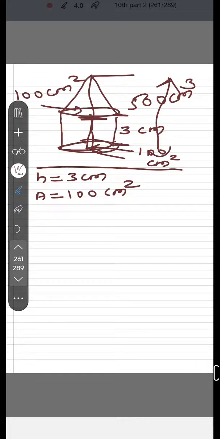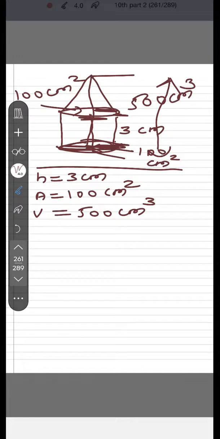Chalo, volume of a solid figure is equal to 500 centimeter cube. The cylinder and a cone have an equal base. They have equal radii. Now radii means radius.